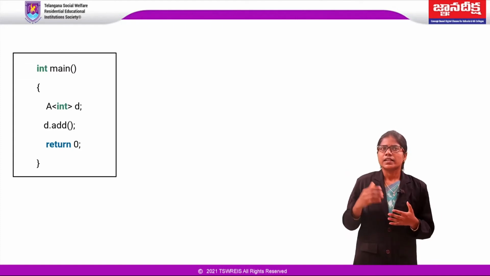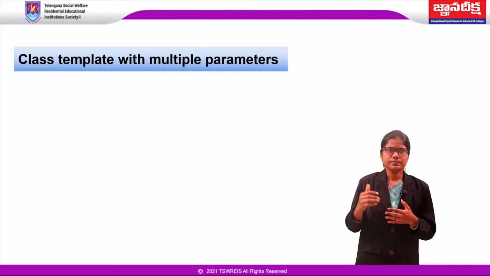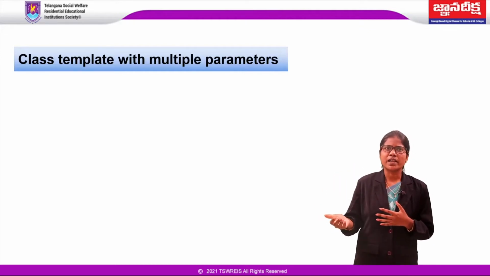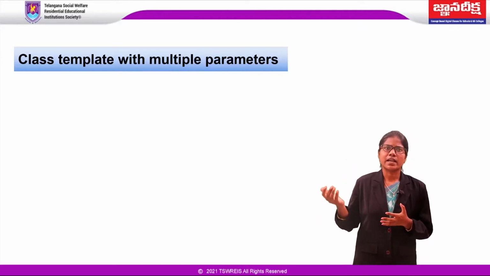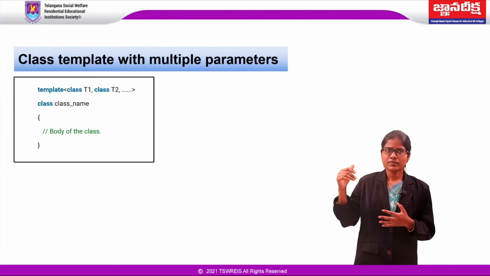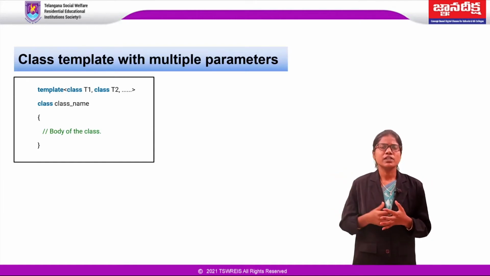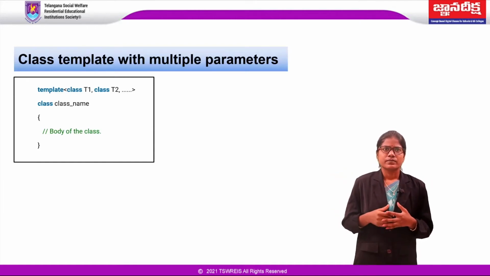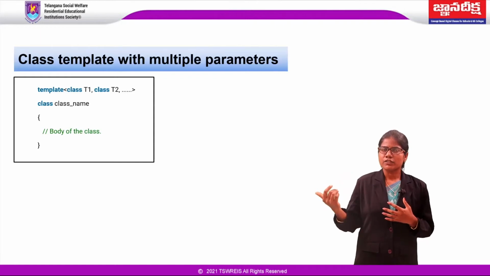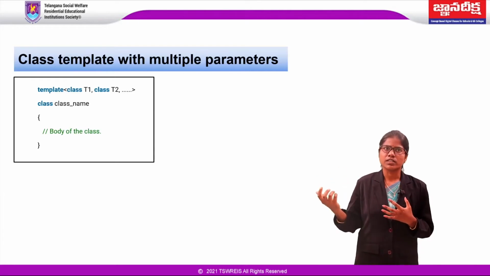Now we'll see class template with multiple parameters. Similar to function templates, class templates can also have multiple parameters. This is the syntax for class template with multiple parameters. Template is a keyword, and in angular brackets we specify how many different data types we want.